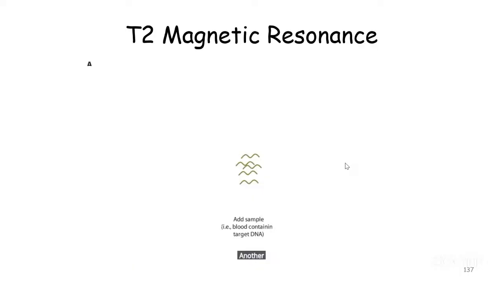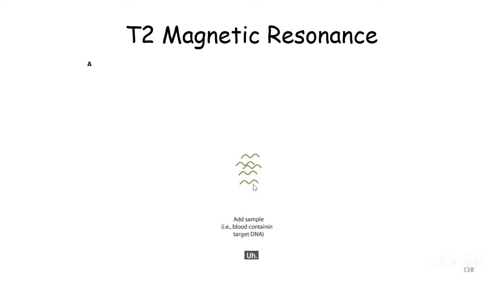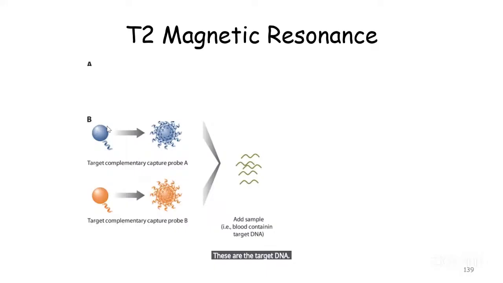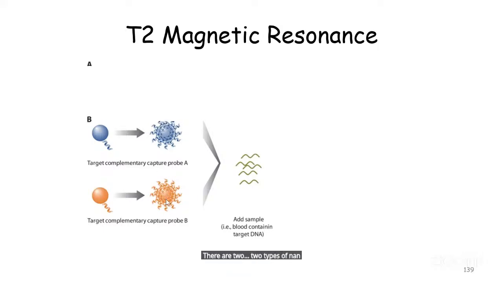Another signal amplification method is T2 magnetic resonance method. In this, it uses magnetic nanoparticles coated with captured probe. These are the target DNA, and these are magnetic nanoparticles coated with captured probe. There are two types of nanoparticles, two types of probe. One will bind to one end, other will bind to the other end.